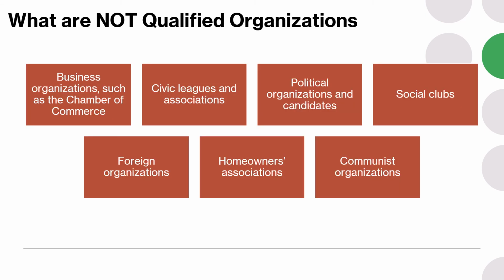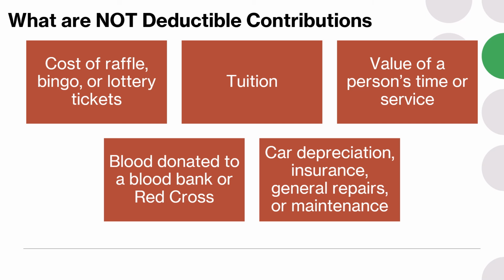Organizations that are not qualified for the purposes of this deduction are business organizations like the Chamber of Commerce, civic leagues and associations, political organizations and candidates, social clubs, foreign organizations, homeowners associations, and communist organizations.